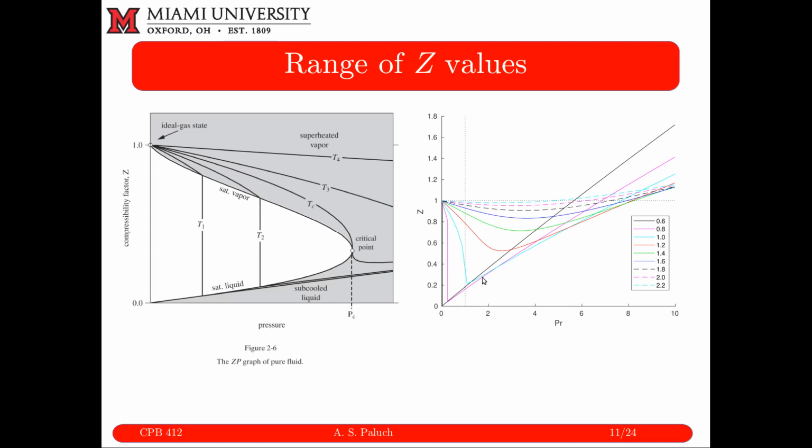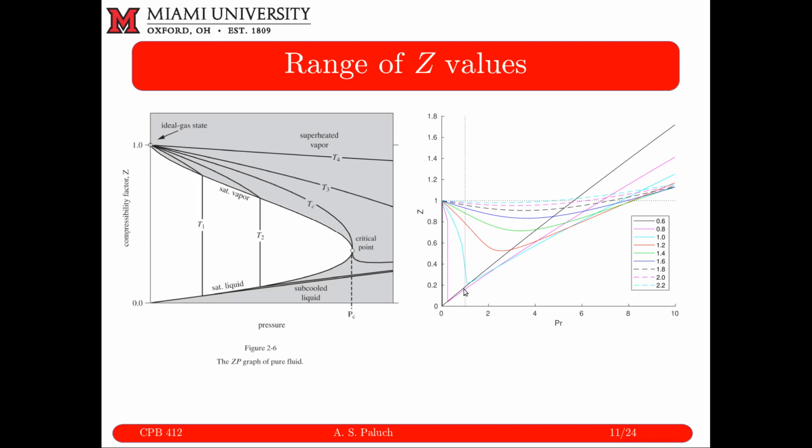What I'm trying to point out in this diagram is that when I look at pressures, the diagram extends to pressures well beyond my critical pressure. Remember, this is in reduced pressure units. This dotted line corresponds to my critical pressure, and this dotted line corresponds to my critical temperature.